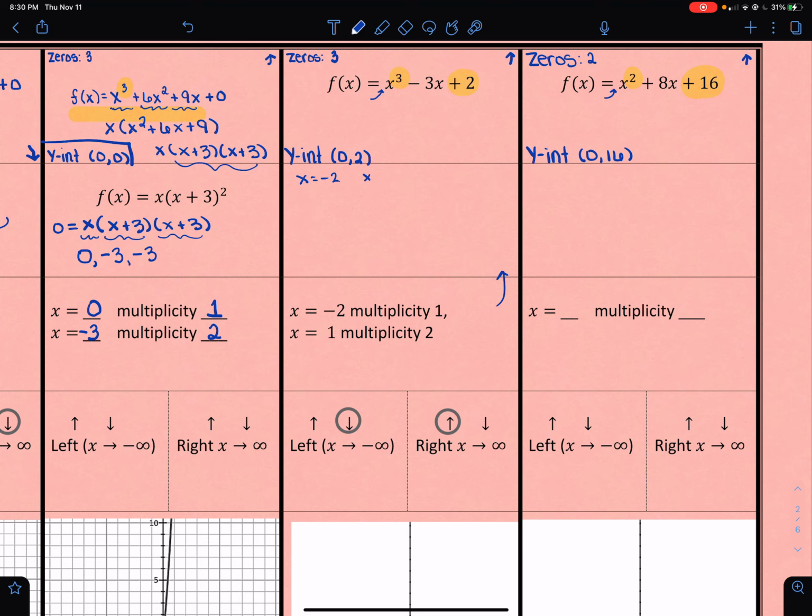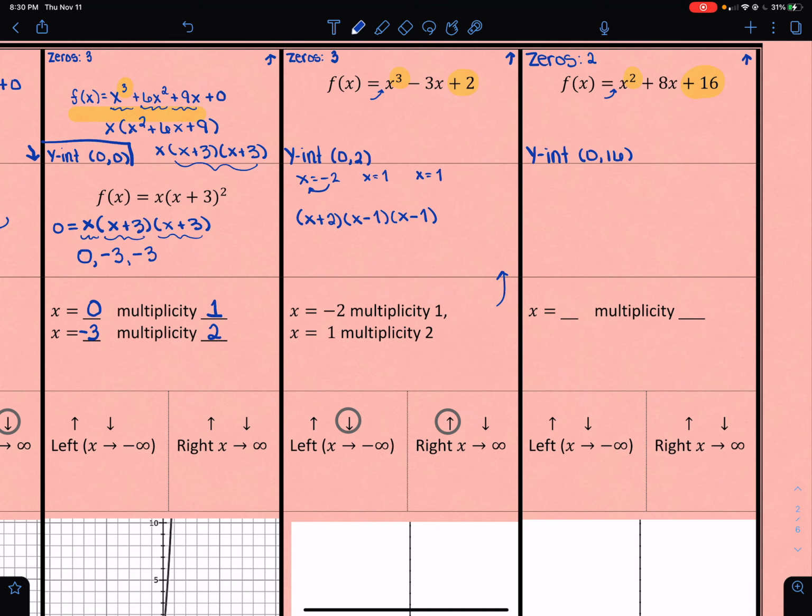Then I have x equals 1, and that happens twice because the multiplicity is twice. Okay. When we move the negative 2 over to that side, we get a factor of x plus 2. We get a factor of x minus 1. And we get a factor of x minus 1.